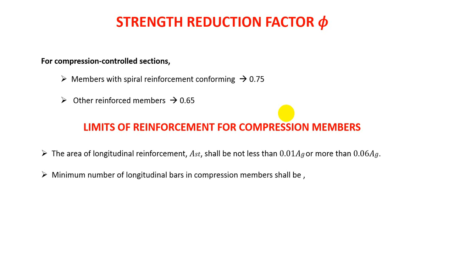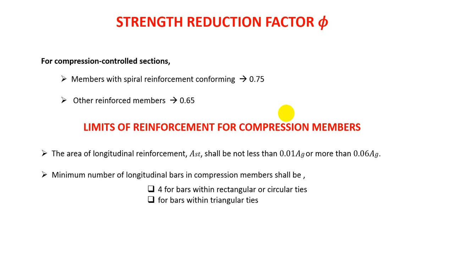Then the minimum number of longitudinal bars in a compression member shall be 4 bars within rectangular or circular ties. This is the minimum longitudinal bar, our main vertical bar for a column, for a square or rectangular shape of column.